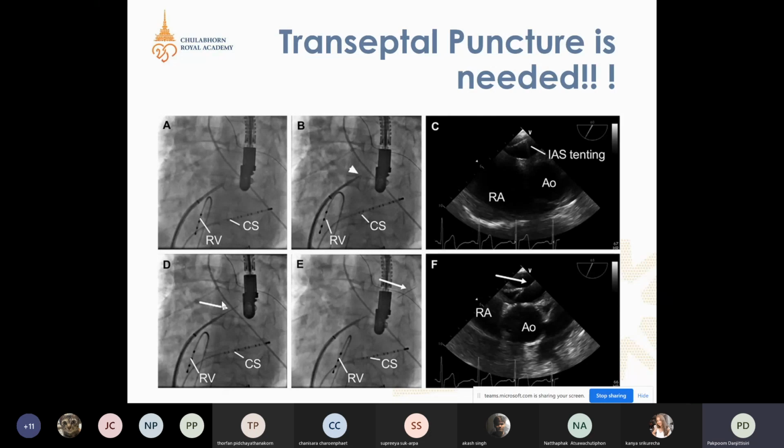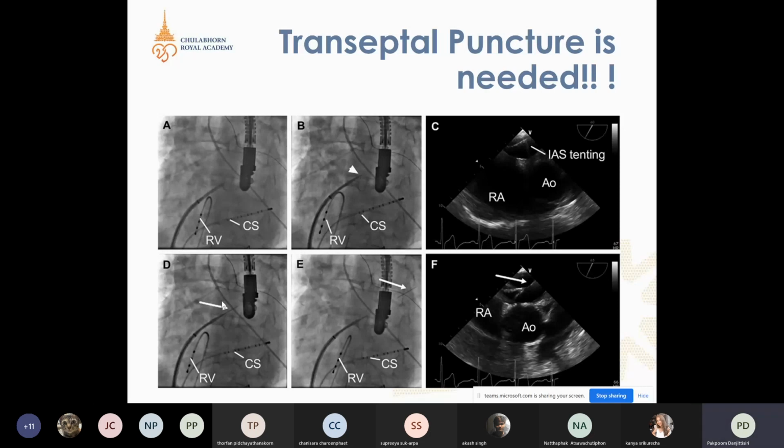But if the contrast is flowing like the aorta into the systemic circulation, that means the doctor is puncturing the aorta, and that caused an aortic perforation, something like that.